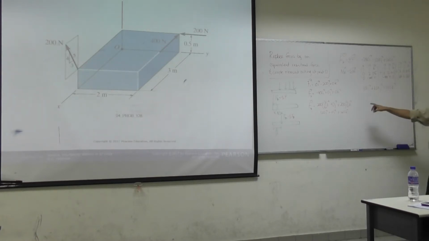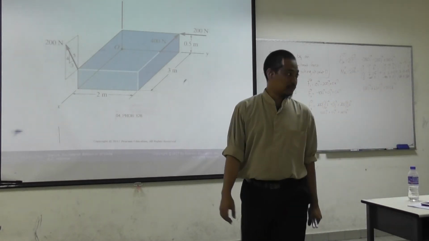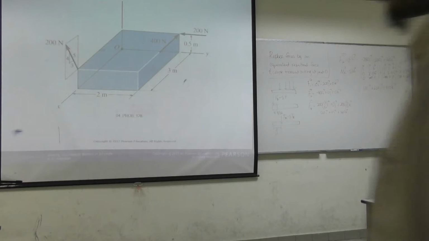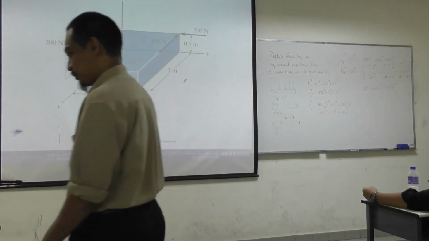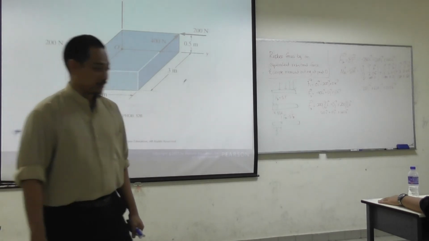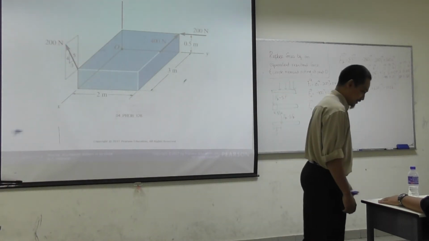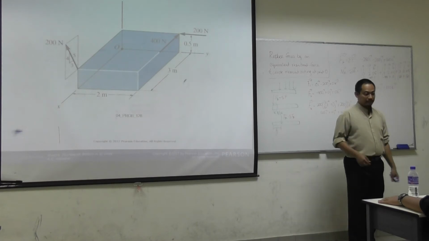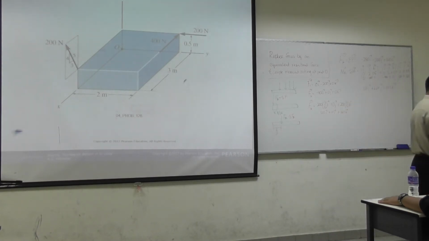So it's 60, 220, 620. Is it negative 620 or positive 620? Let me verify.